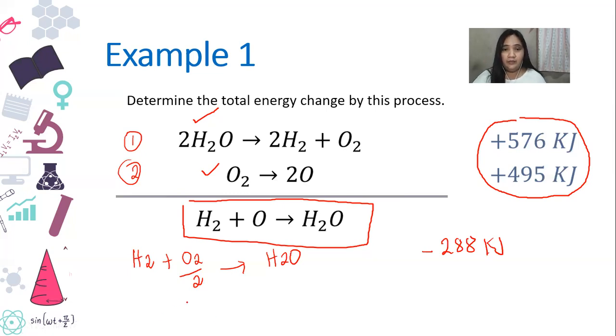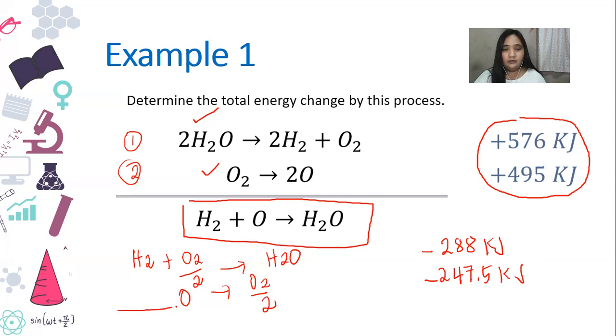That would be O yielding O2 over 2, and let's put a negative here because we inverted the positions, and then divide 495 by 2. So that's 247.5 kilojoules. And then I think we have it already. You can cancel.